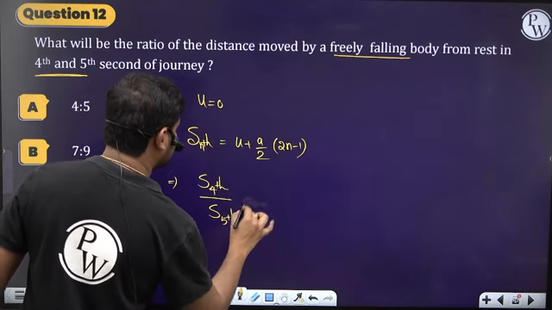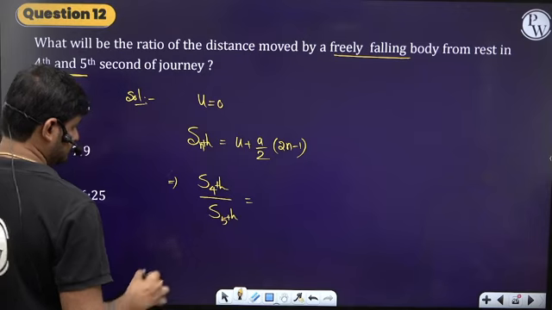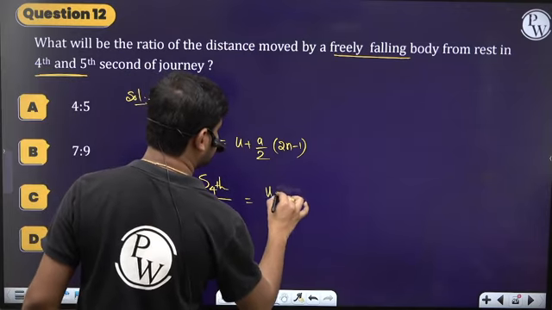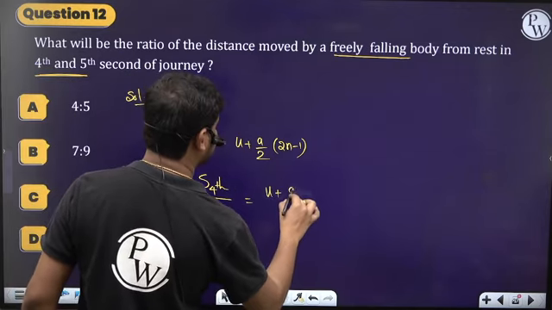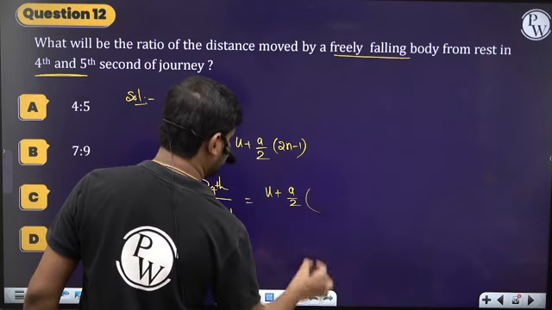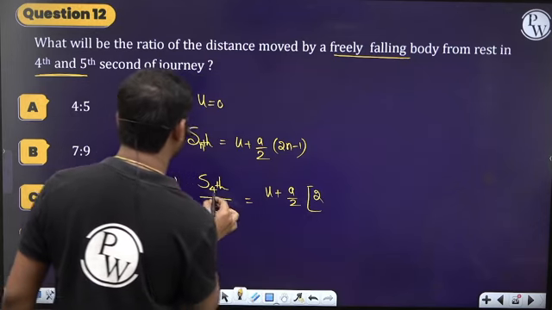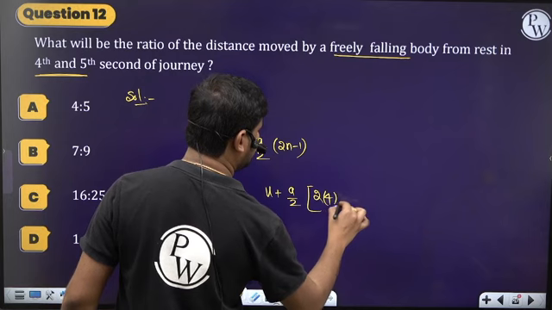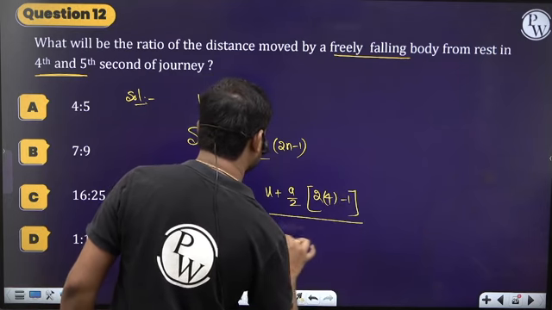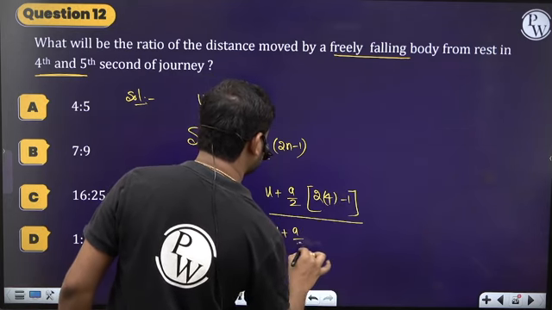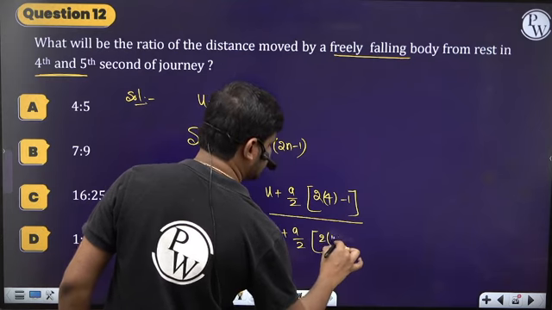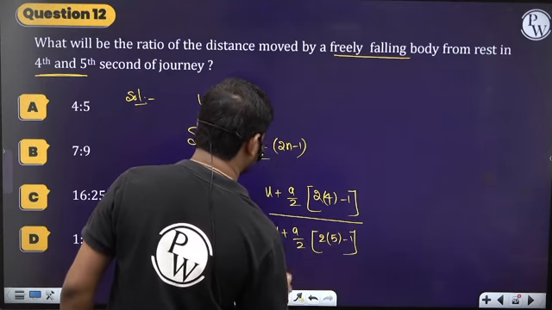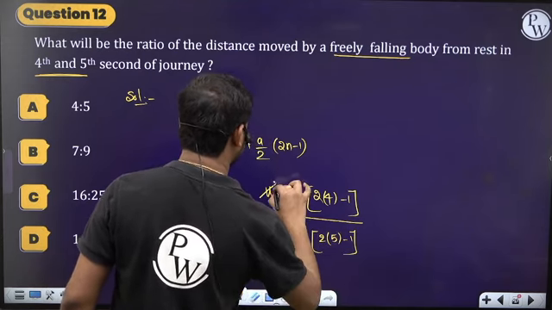In both the cases, u is 0. So let me write a by 2 into, for the fourth second, 2 into 4 minus 1, divided by a by 2 into, for the fifth second, 2 into 5 minus 1. Here u is 0, and here also u is 0.